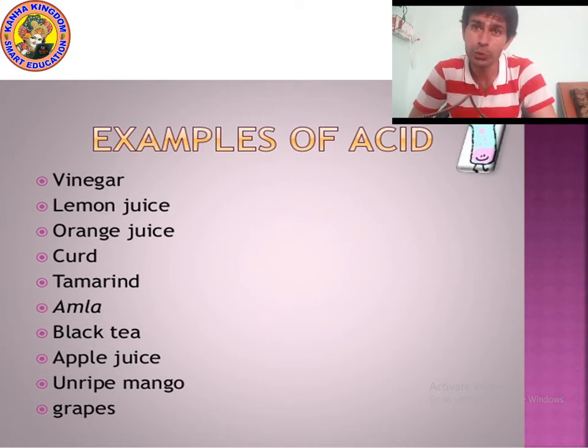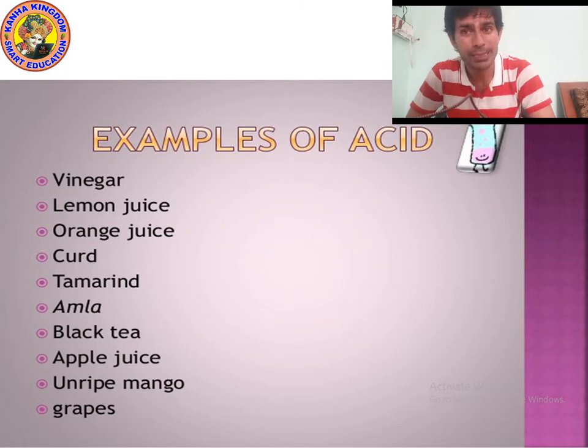That's why too much black tea is not good for health. Apple juice, yes, an apple a day keeps the doctor away. Apple also contains acid.